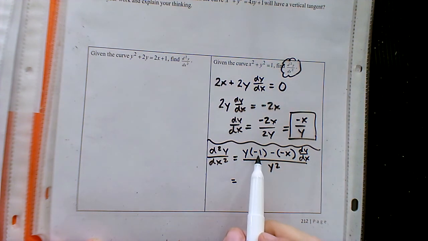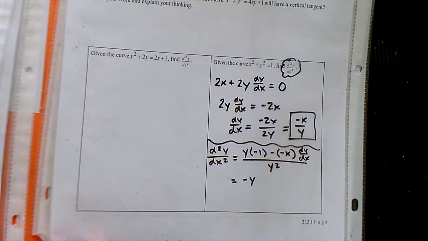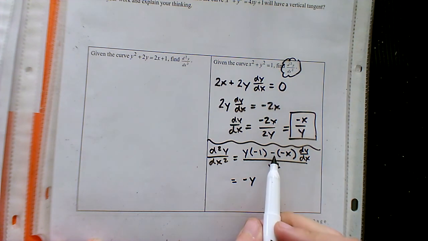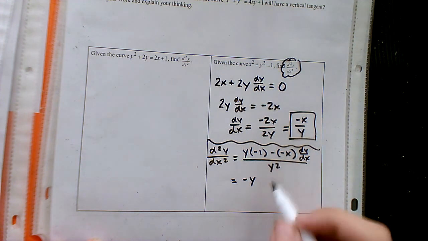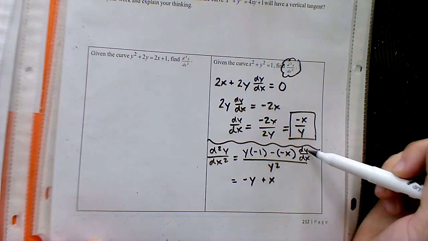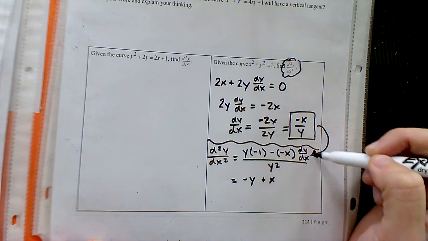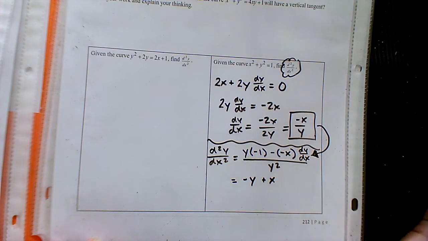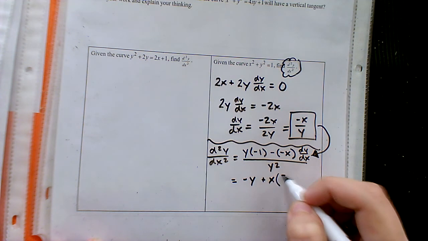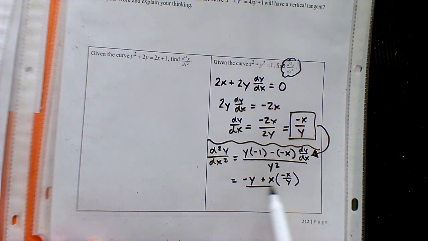y times negative 1 is negative y, and if we subtract a negative x, that can change to a positive x. What can we do with this dy over dx? Substitute it. We already know what that is. Okay, this is just representing the first derivative. So we'll replace that with negative x over y.